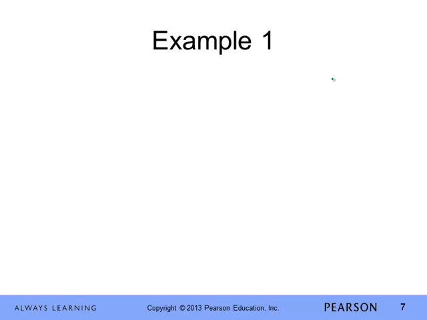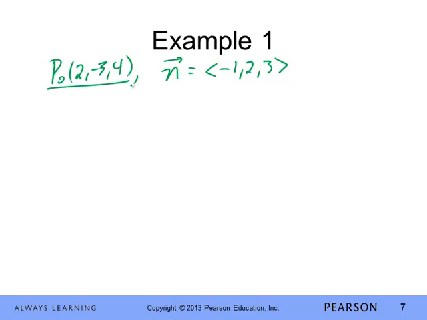So we have a point P sub 0 with coordinates 2, negative 3, 4, and a normal vector, negative 1, 2, 3. What is the equation of a plane that contains this point, P sub 0, and has a normal vector of negative 1, 2, 3? Well, that's easy.